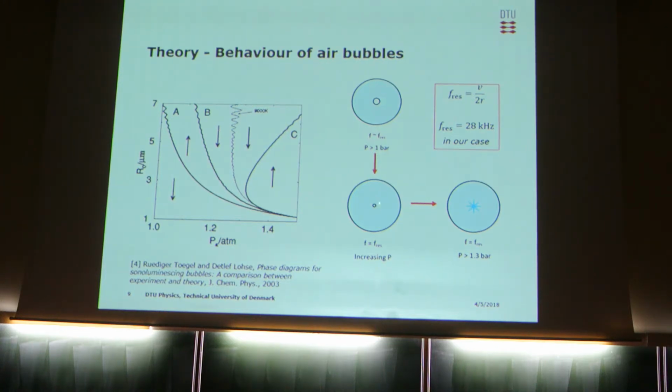I wanted to sweep the frequency to see where the exact resonant frequency is. At the resonant frequency the bubble will shrink, and then you increase the pressure, and under the right conditions you should have some emission of light.